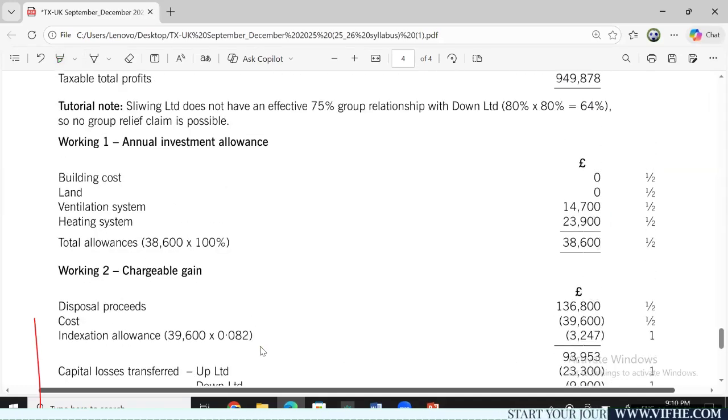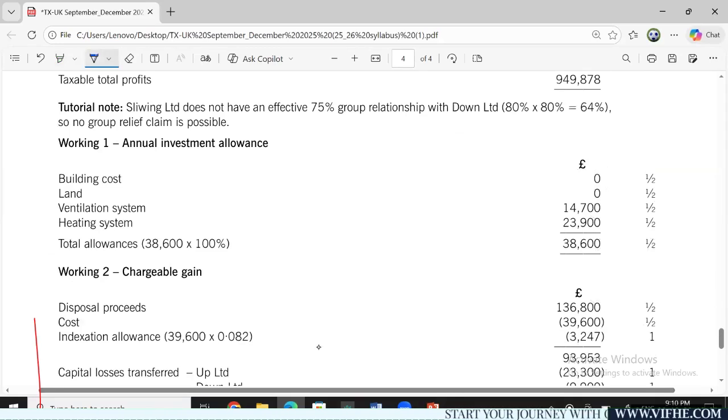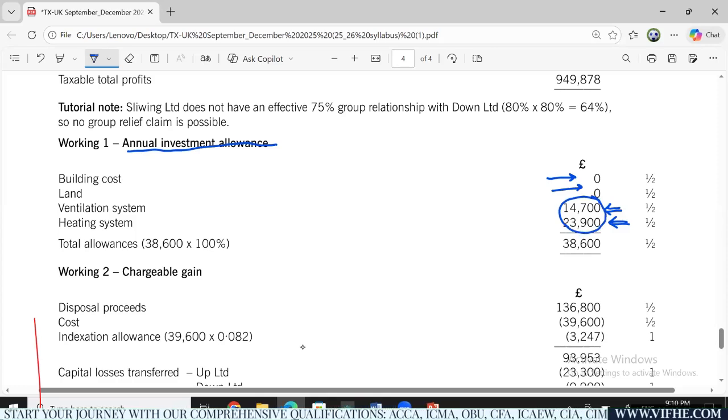Just quickly have a look at the annual investment allowance thing. When calculating annual investment allowance, this is all about plant and machinery. So it doesn't include the building or the land cost, but it does include the ventilation system and the heating system. So altogether, the plant and machinery is costing £38,600, which is going to be covered completely under annual investment allowance.